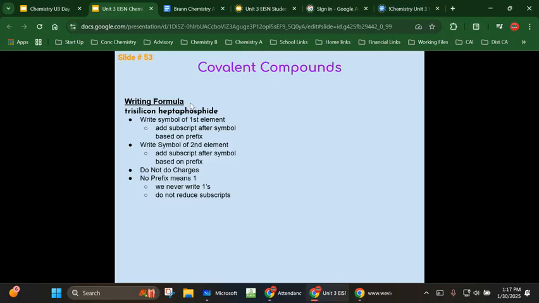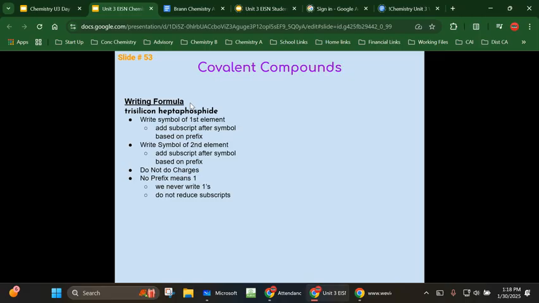Heptaphosphide. Divine, what's heptaphosphide? Do you remember what hepta means? Good. 6.